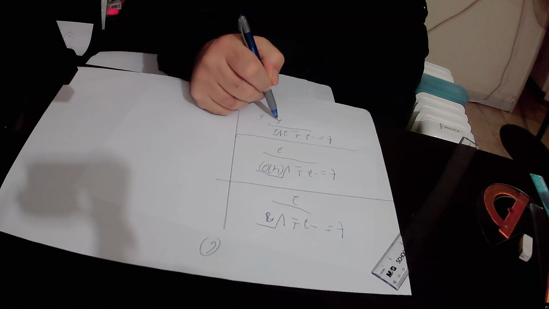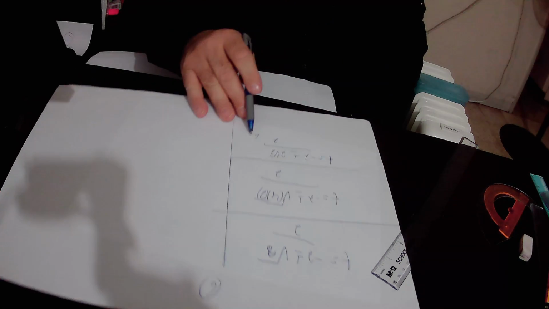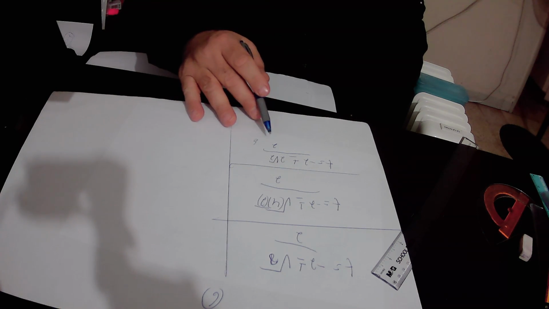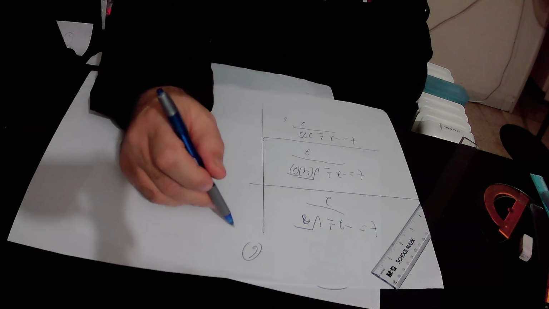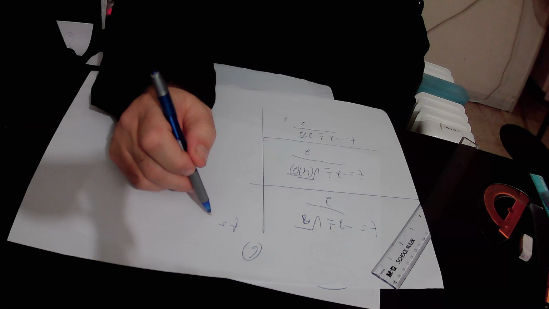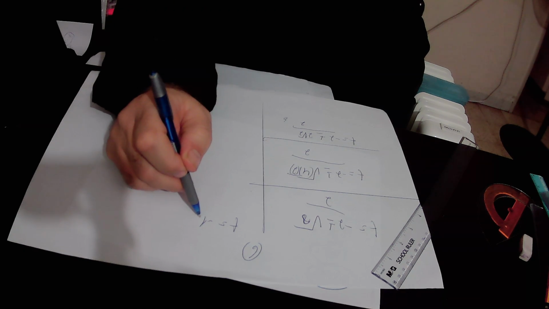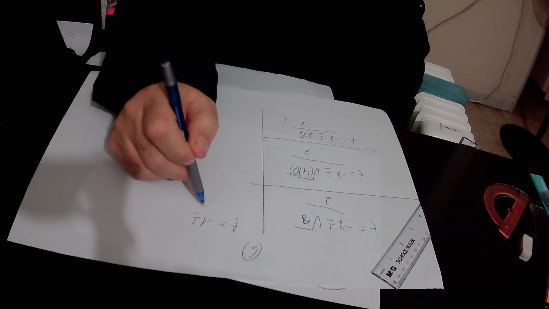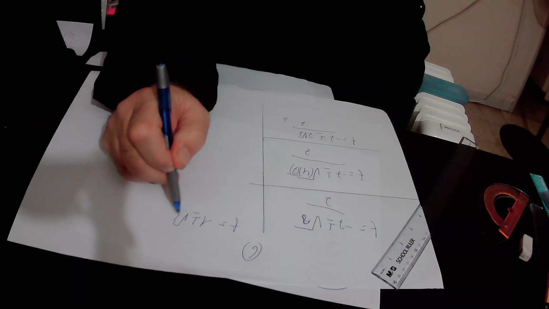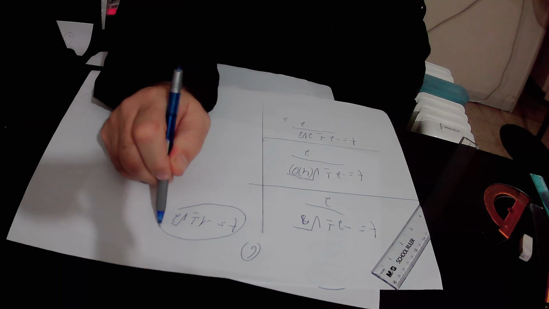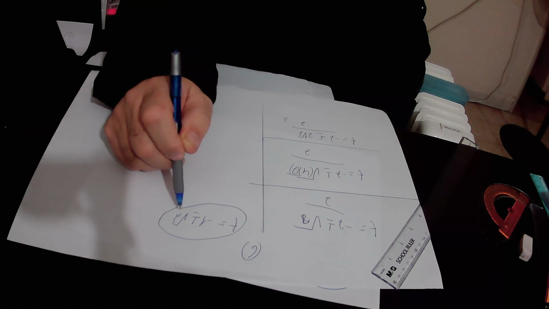So we can find out that t equals minus 2 plus minus 2 times root of 2 over 2. So t equals minus 2 over 2 is minus 1, plus minus 2 over 2 is 1, plus minus root of 2. So we found out that t equals minus 1 plus minus root of 2.